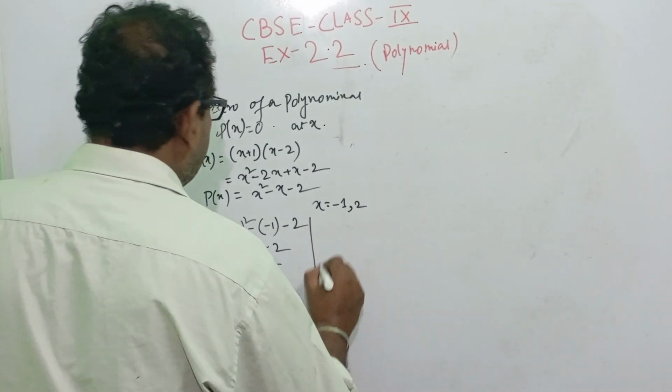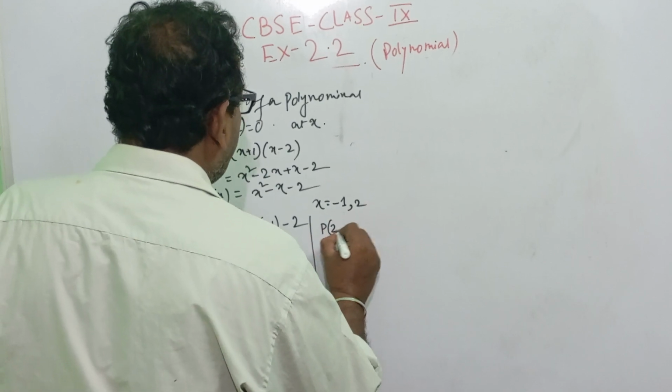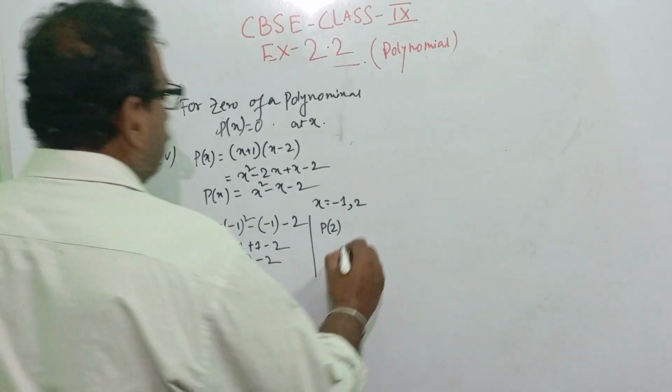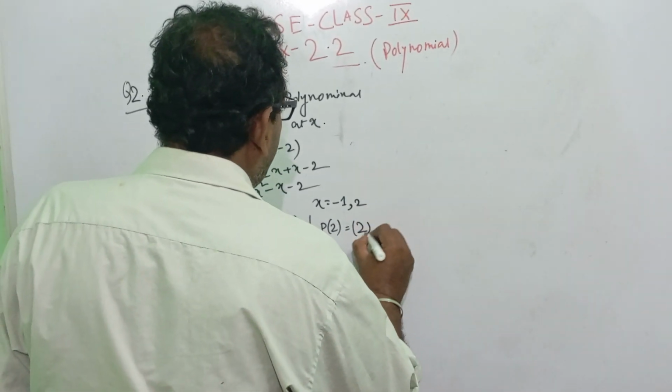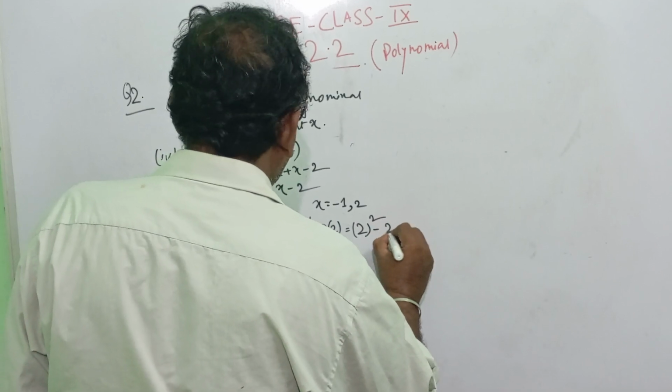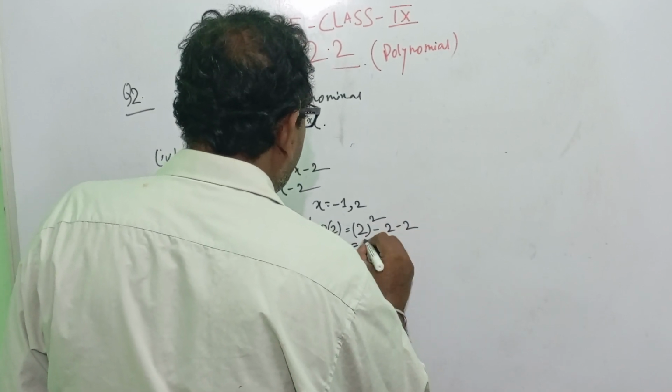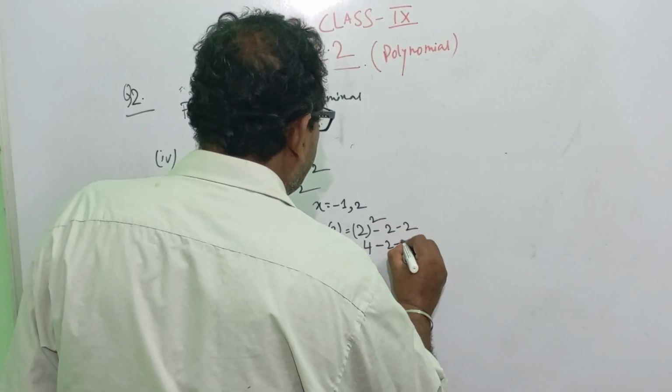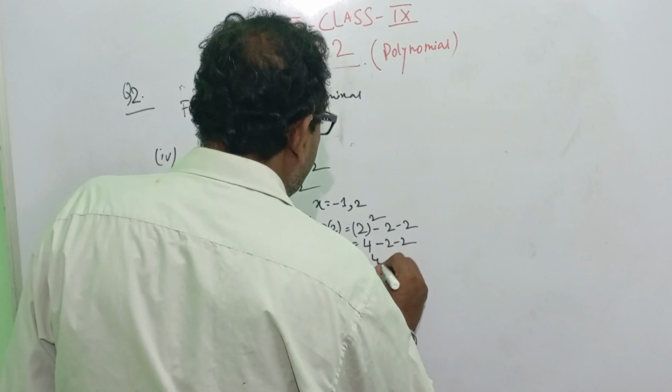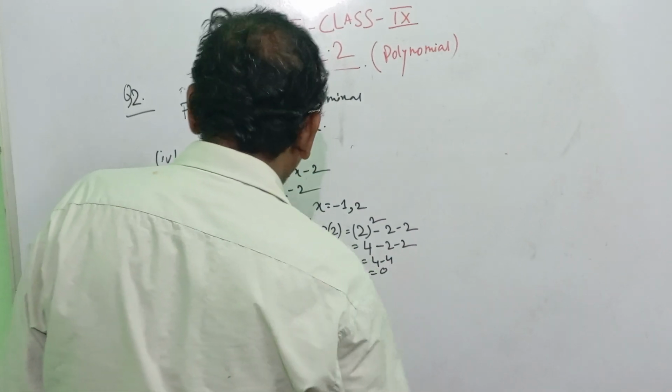Second question, p(2), so that is 2 square minus 2 minus 2. That is 4 minus 2 minus 2. That is 4 minus 4 is equal to 0.